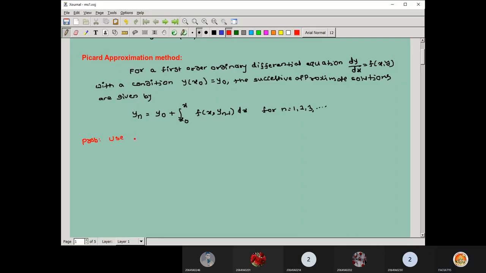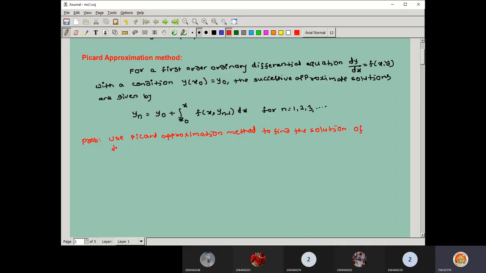Use Picard approximation method to find the solution of, so they have given a differential equation.